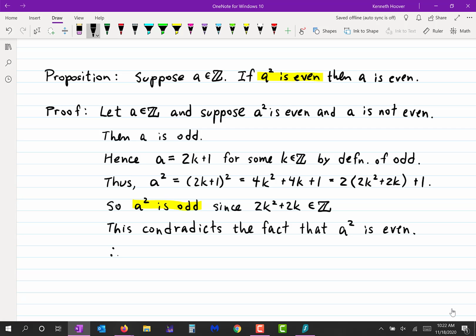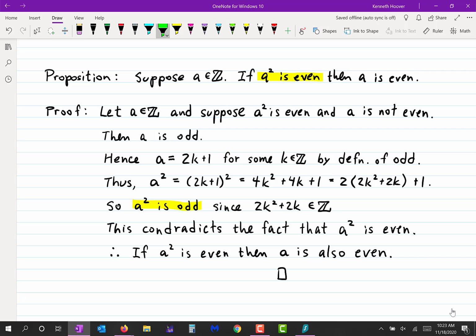So therefore, if a squared is even, then a is even. You don't have to put the word also in there. That's not a logical word. So that's how that works.